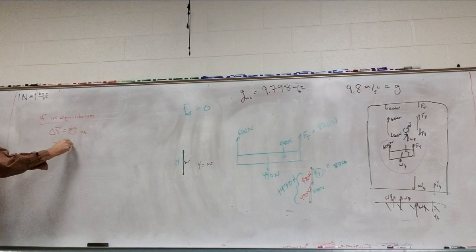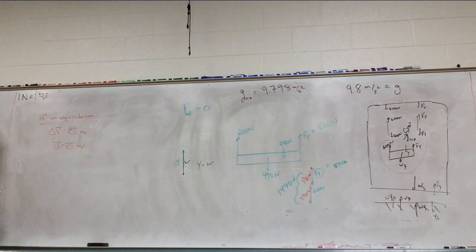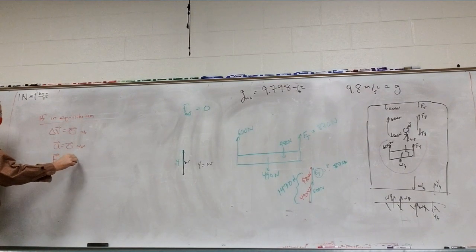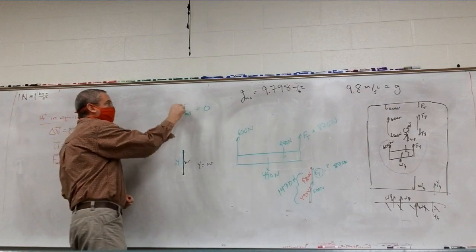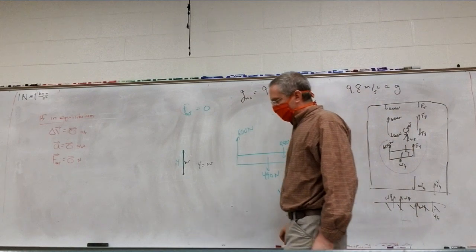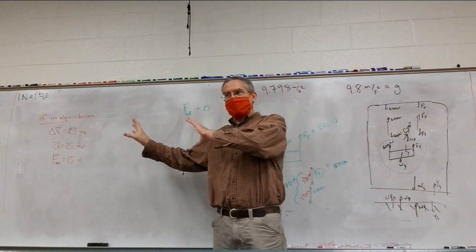And the third one. Friction is equal to zero? Not friction. Force. Total force. Net force. That's sort of right there. All right. Again, if one of these is true, the other two are true.